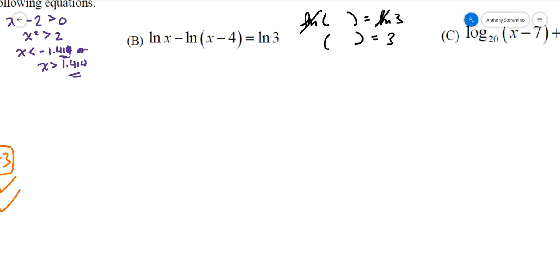And on this side, I have a minus sign, which means I'm going to probably use the quotient property, which says that if I have the difference of 2 logarithms of the same base, then I can rewrite that as the logarithm of x over x minus 4. Now again, me even doing that operation is working under the assumption that I'm producing values that would exist when I take their natural logs.